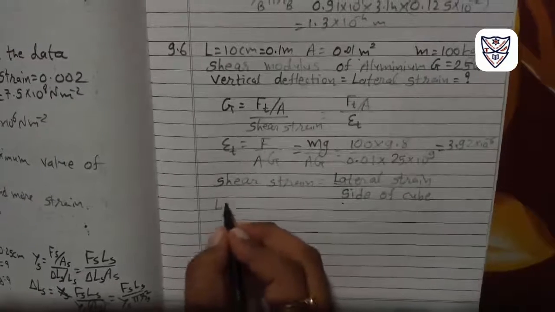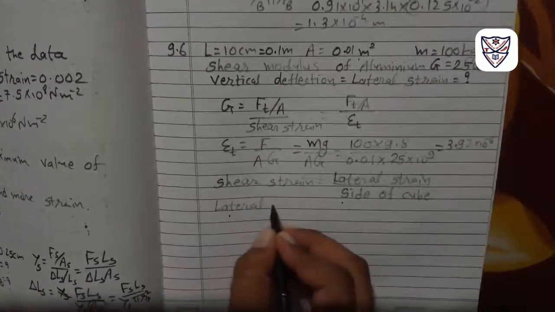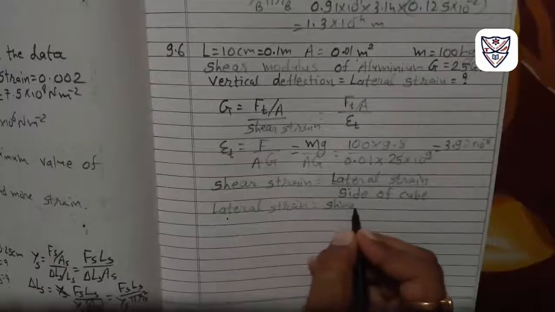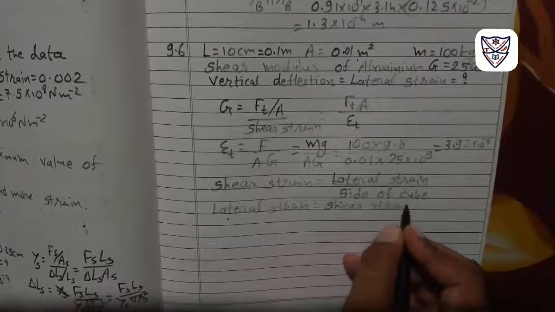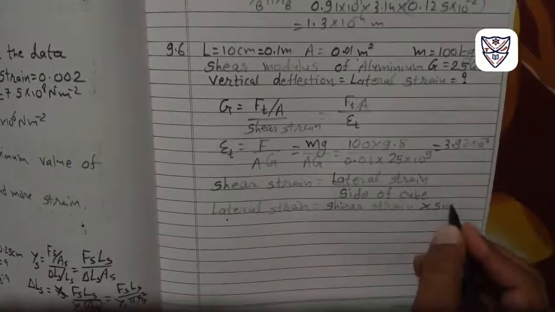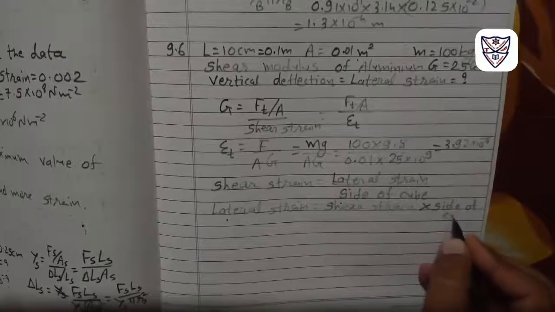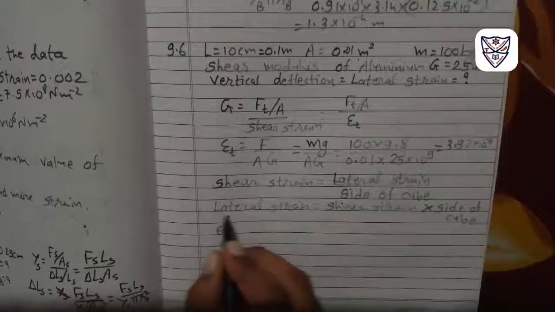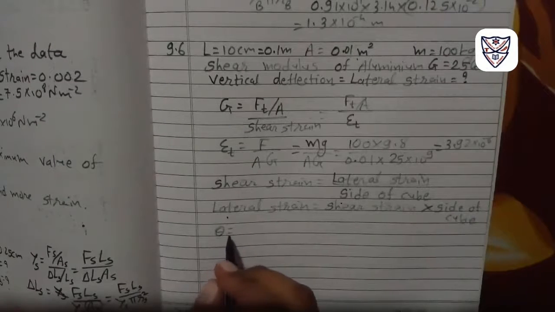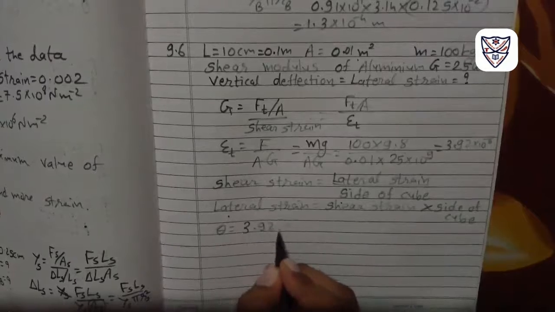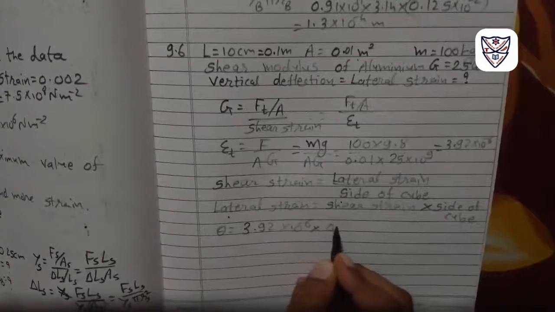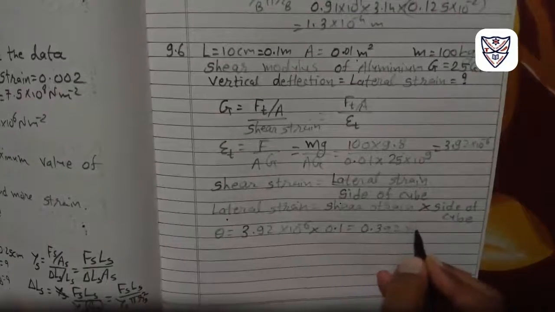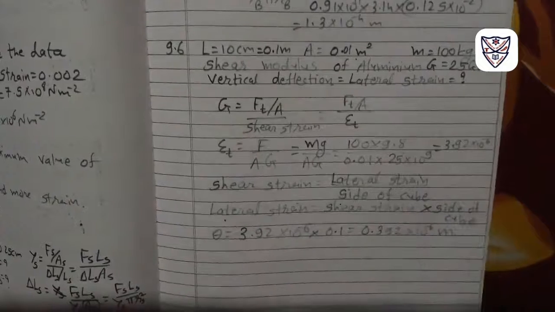So lateral strain, that we need to find, is equal to shear strain into side of cube. Lateral strain symbol is theta, so theta is equal to 3.92 into 10 raised to minus 6 into 0.1, that will be 0.392 into 10 raised to minus 6 meter.